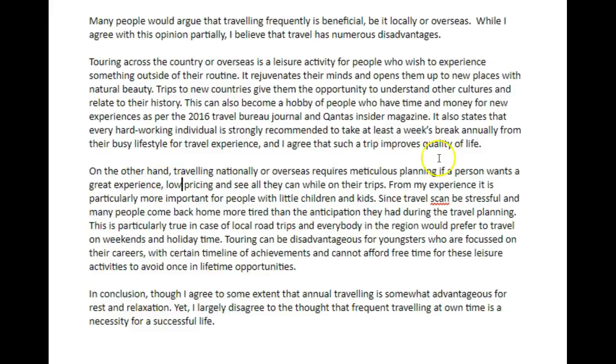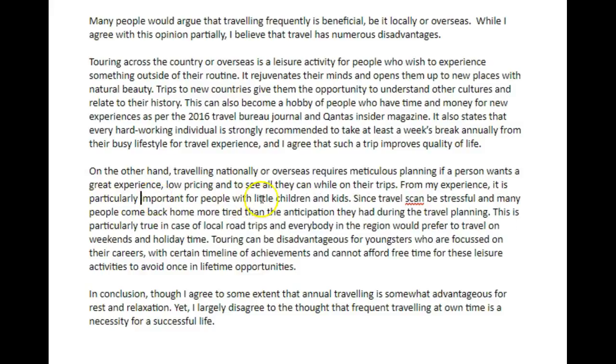If a person wants a great experience, low pricing, and to see all they can while on their trips. From my experience, it is particularly important for people with little children and kids. Aren't they the same thing? Also, kids is too informal for academic writing, so we'll take that away.